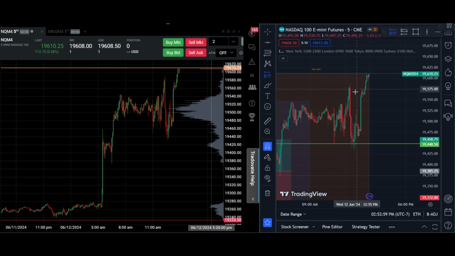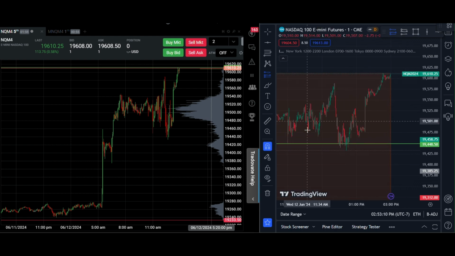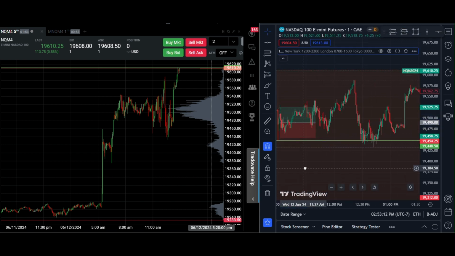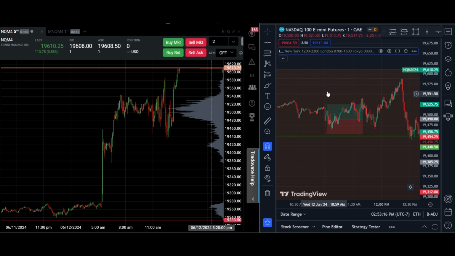Since it's at the end of the day, everything's rushed, so at this point I'll go into the 1 minute since time is now a factor. Here, this is 11 o'clock, and this is the market structure shift. You disregard the wick for news. Then you wait for a change in state of delivery, which you get right here.